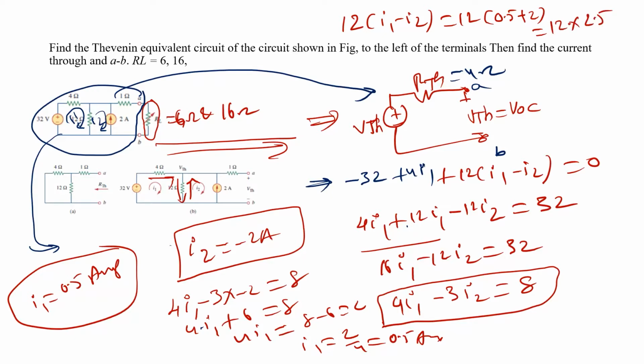How much is 12 into 2.5? That we have to find. Then it will be very easy to find. So that can be calculated easily. 12 into 0.5, you get around 6.